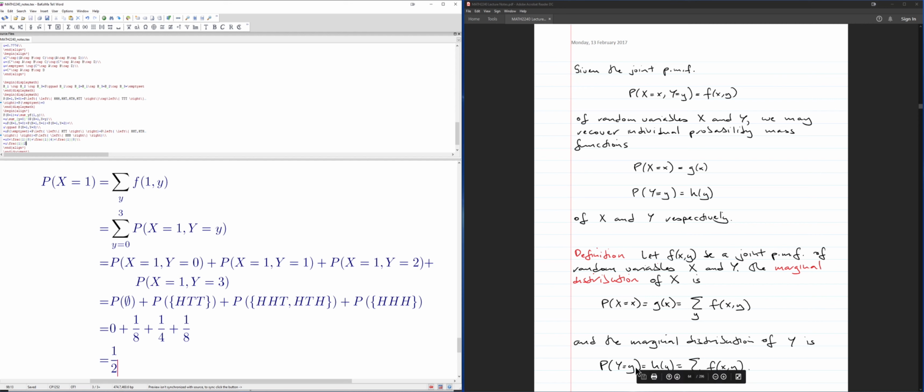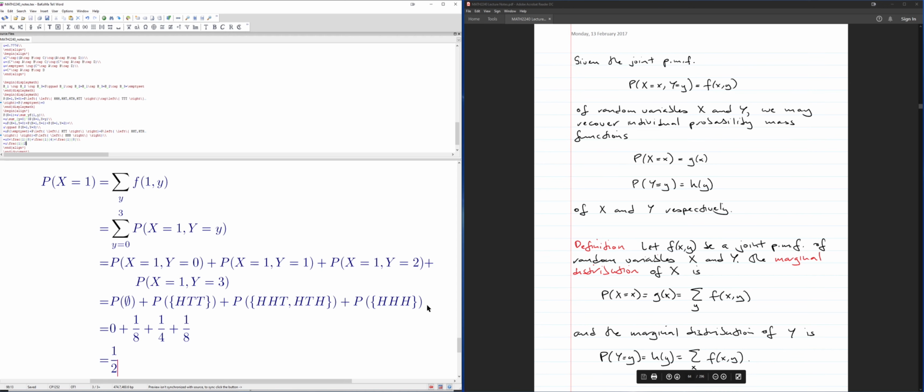And in the case of y, it's similar. What you're going to be doing is adding probabilities, but notice over here what we're doing is we're fixing the x. So if we want probability x is equal to 1, you need to add up the cases for the different values of y. That's why you're summing over the y over here.